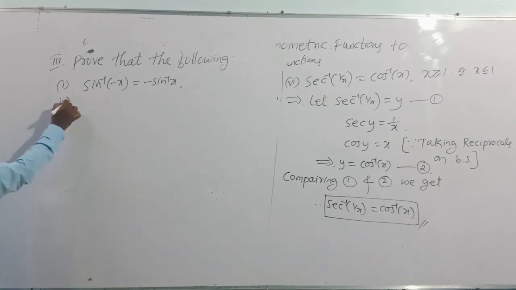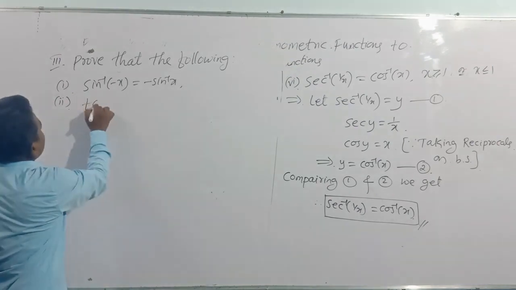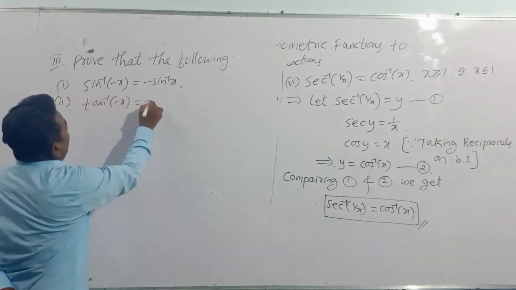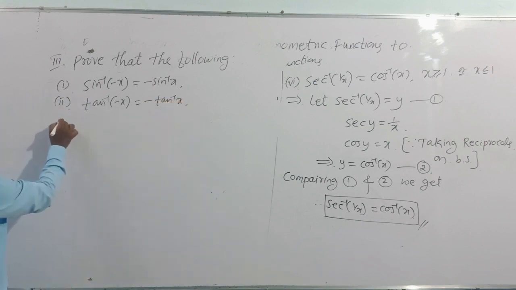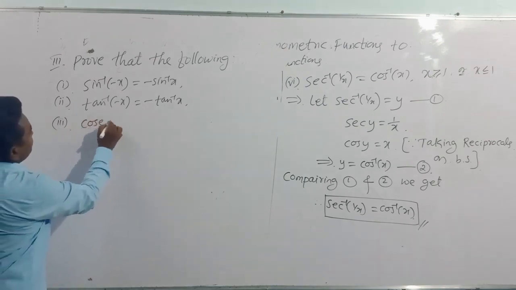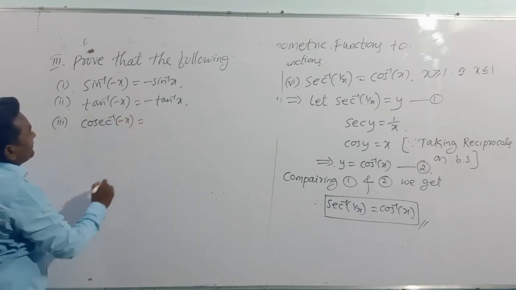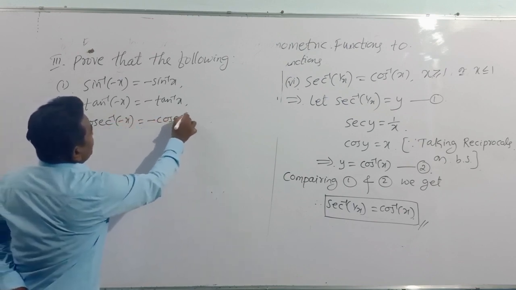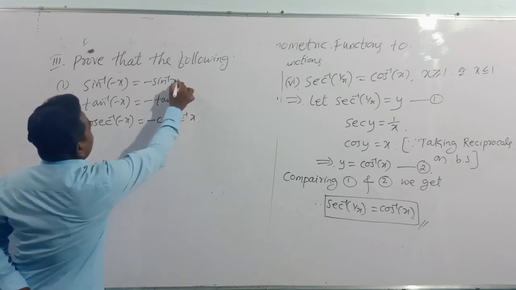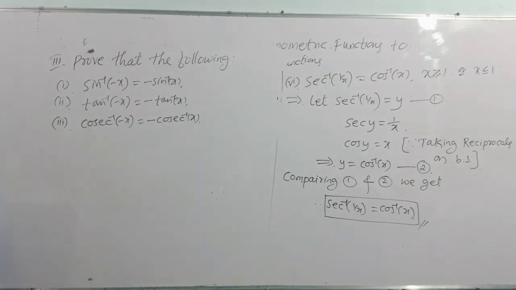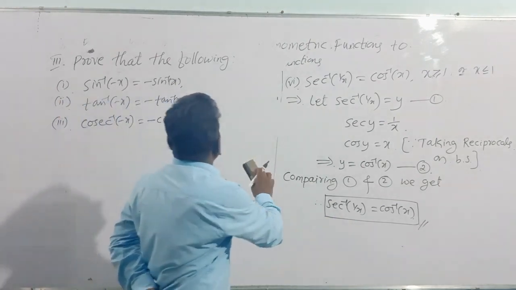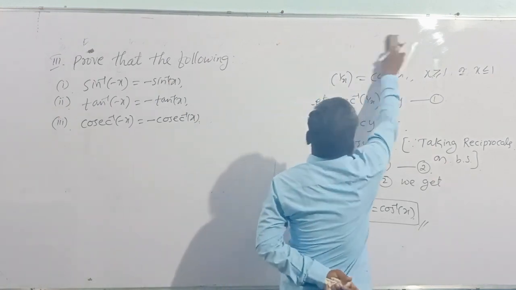Now second one is tan inverse minus x is equal to minus tan inverse x. Now third one is cosec inverse minus x is equal to minus cosec inverse x. Let us prove these three properties here.